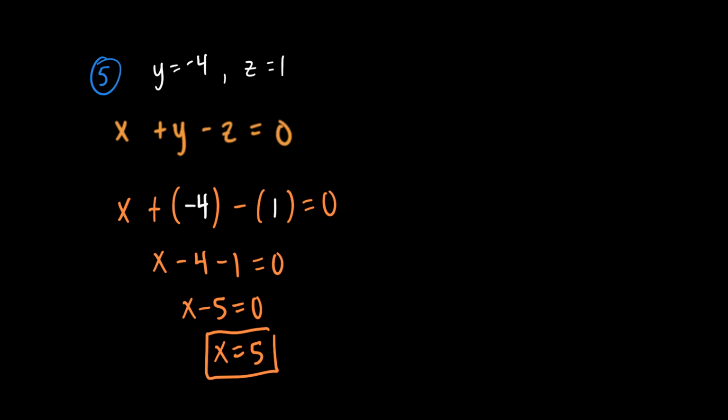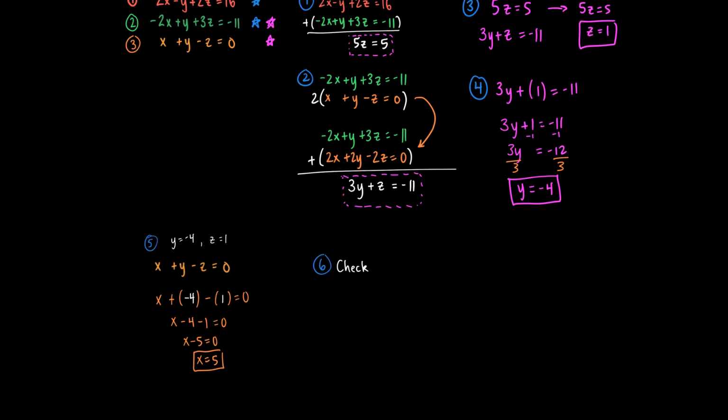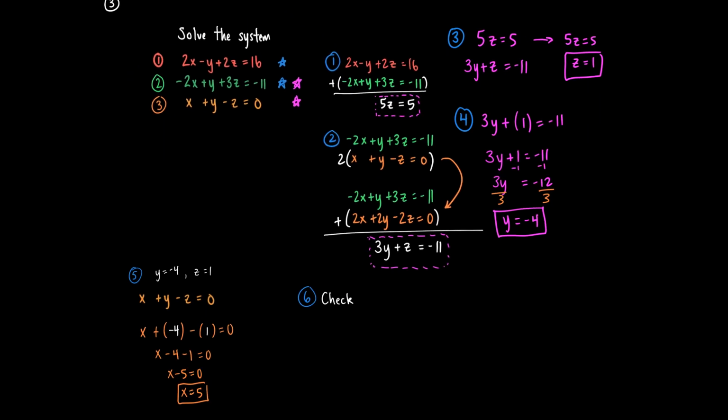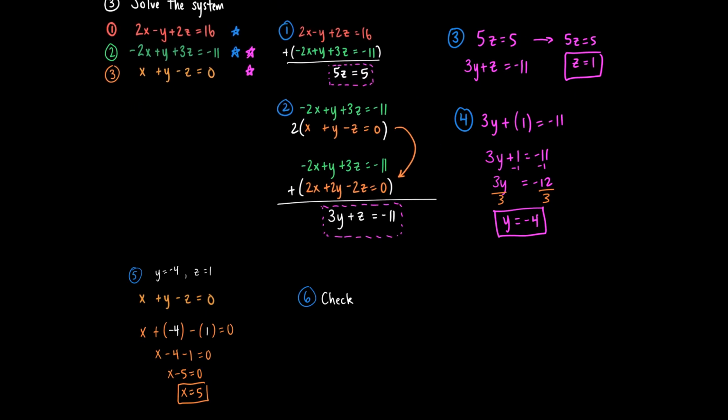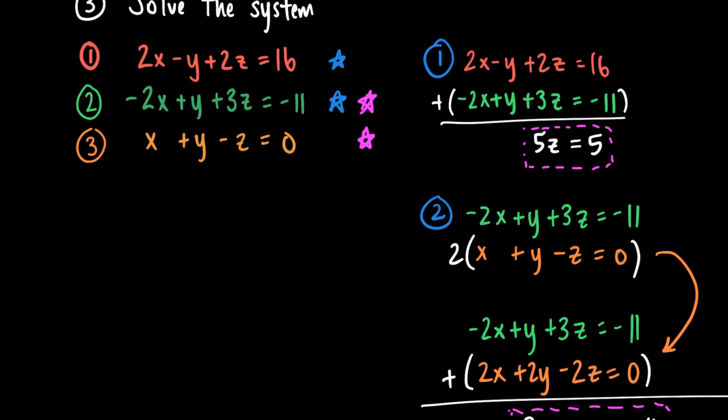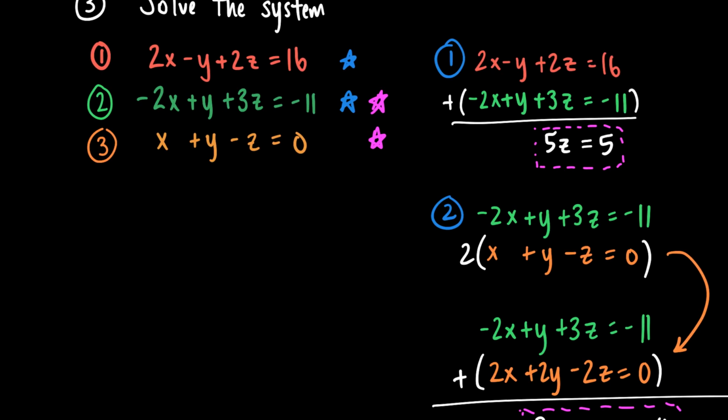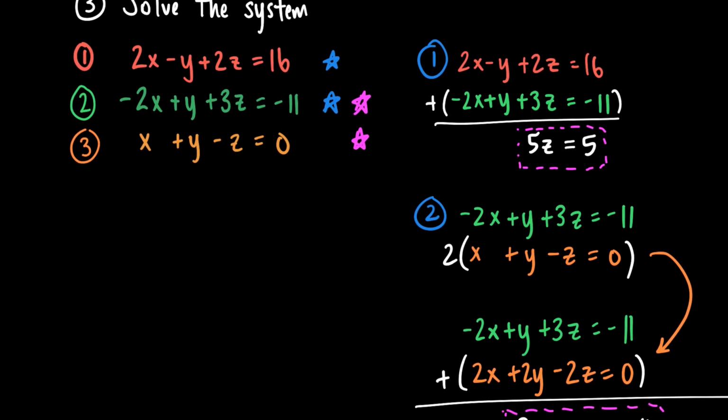Okay, so that's that. We'll move over here to step 6, which is just going to be to check our work. What we'll do is grab the original equations and the x, y, and z, and plug them all in to make sure they work. Whoa, that's not what I want to do. It's being annoying here.